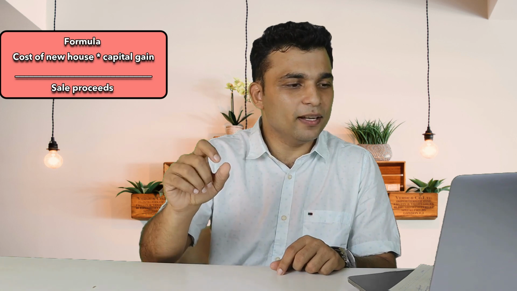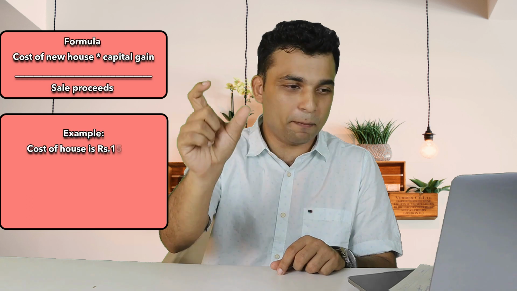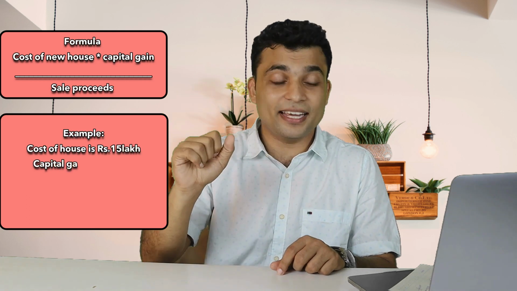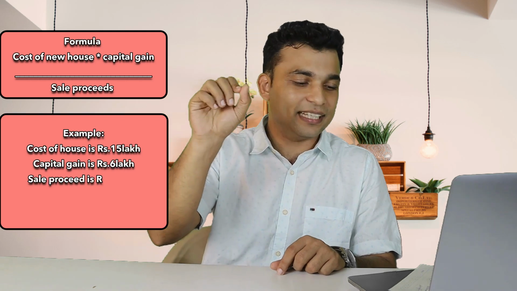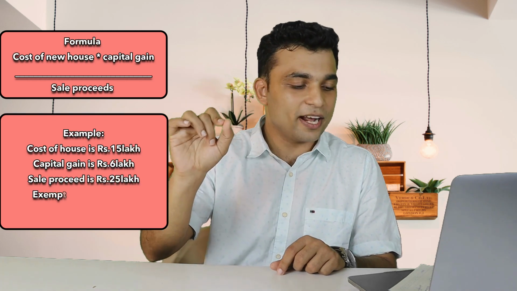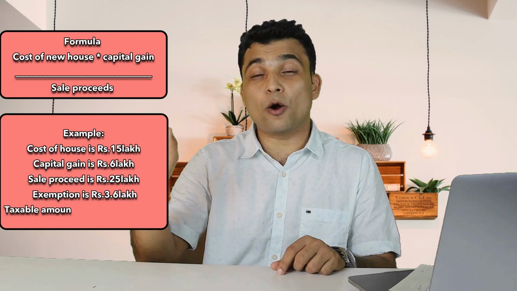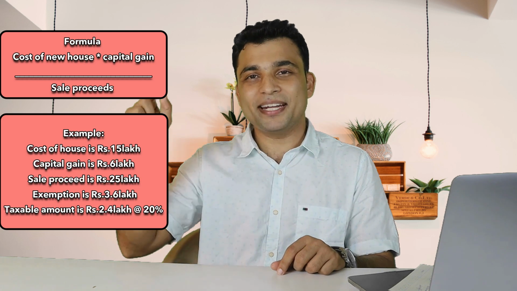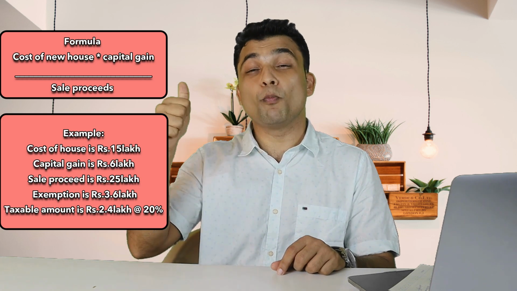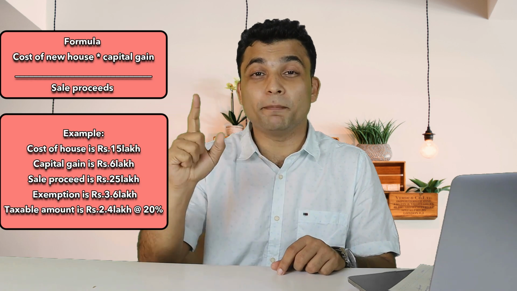In our example, the cost of the new house is rupees 15 lakhs because we are investing only a part of it, and the capital gains is rupees 6 lakhs, divided by the entire sale proceeds, that is 25 lakhs. So it comes to 3.6 lakhs. That is only allowed as exemption. So the capital gain of 6 lakhs minus 3.6 lakhs, that is 2.4 lakhs, is taxable at the rate of 20%.